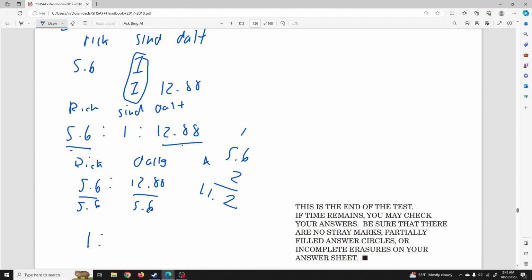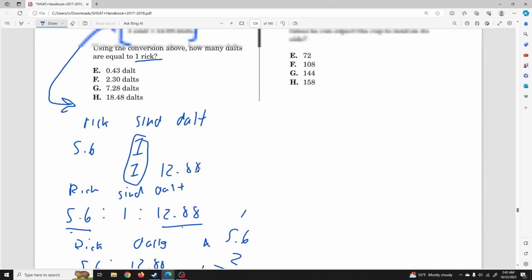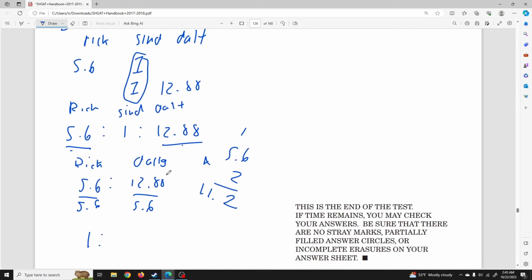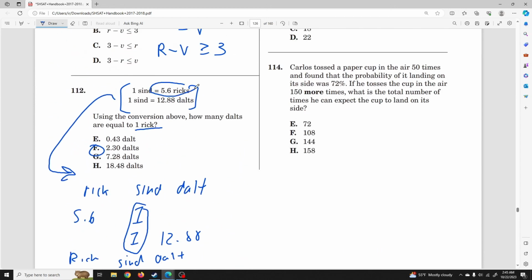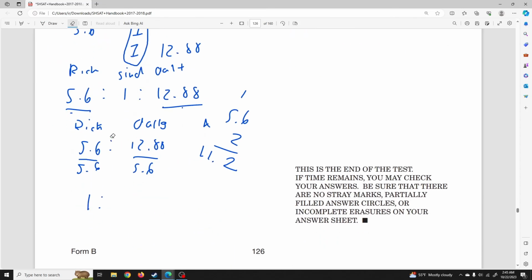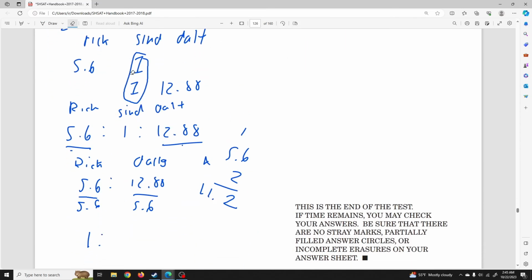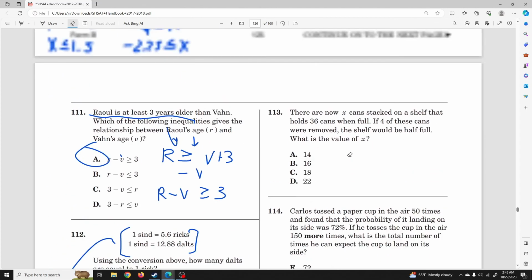So it has to be close to 2, and the value closest to 2 is F, right? So all we did here was we just put Ricks and Dalts equal to one another, or we found the proportion for Ricks to Dalts because of this magic 1 in between value.